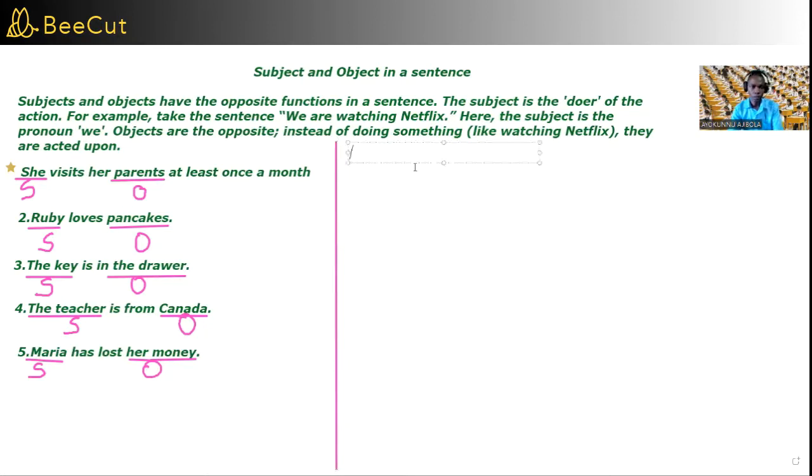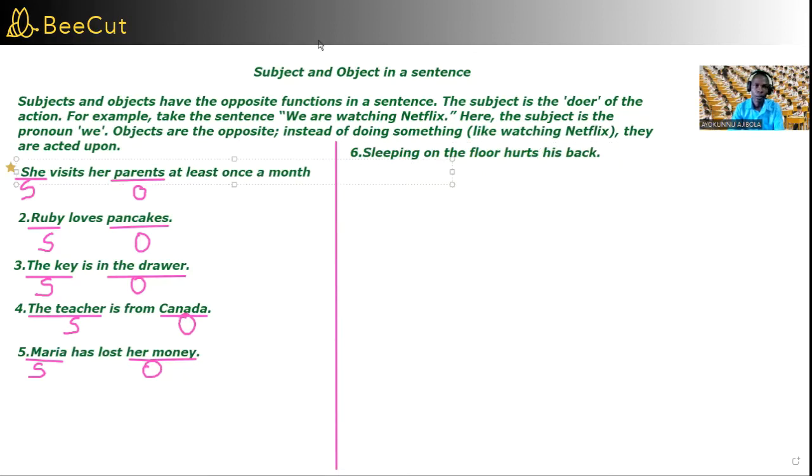So, example 6. Sleeping on the floor, Art hurts his back. Yeah, we can put Art there because we singularize that. Sleeping on the floor, Art hurts his back.